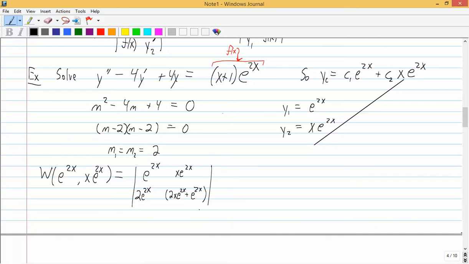All right. To evaluate this, remember you say this diagonal minus this diagonal. The product of this diagonal minus this diagonal. So that's going to be 2x e to the 4x plus e to the 4x. I'm saying this times both of those terms.